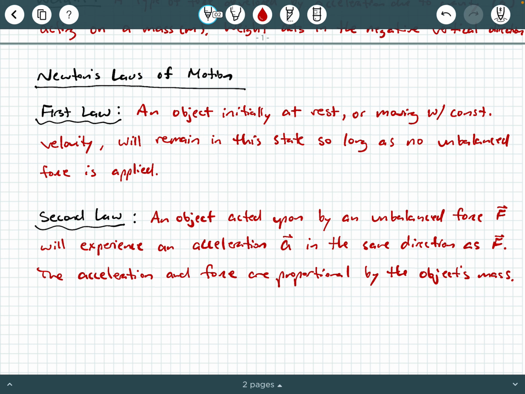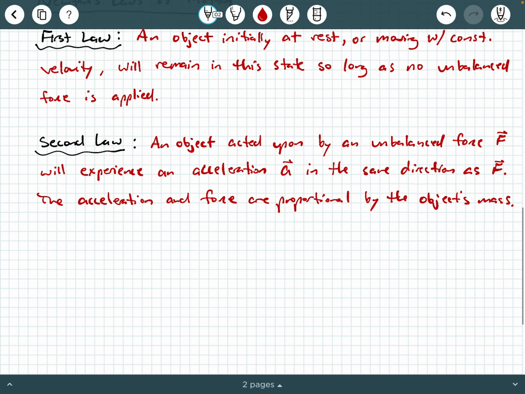And so this is where we get our famous equation F equals ma.